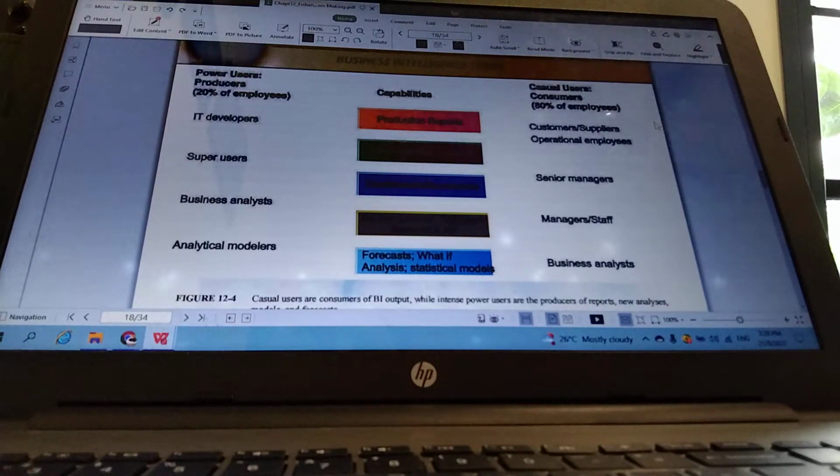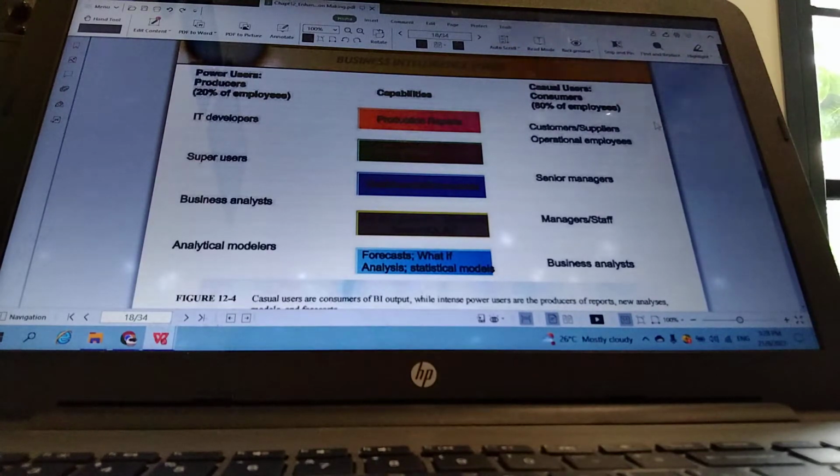And also business analysts, they will be involved or capable in generating the dashboard or scorecard, or even sometimes ad hoc queries, drill down search or online analysis reports, either by the senior managers or staff, to assist them in the decision making process.